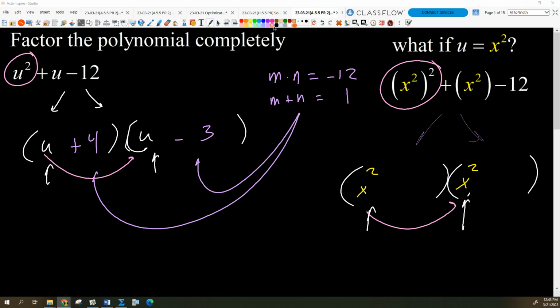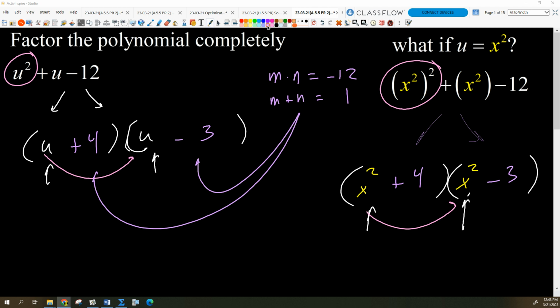Squaring it, right? 2 times 2 is 2 squared. X times x is x squared. Football times football is football squared, right? It doesn't matter what it is. If I multiply it by itself, that's equivalent to squaring it. And then the magic numbers are the same thing, right? So I would just get x squared plus 4 and x squared minus 3, and I'm done, right?